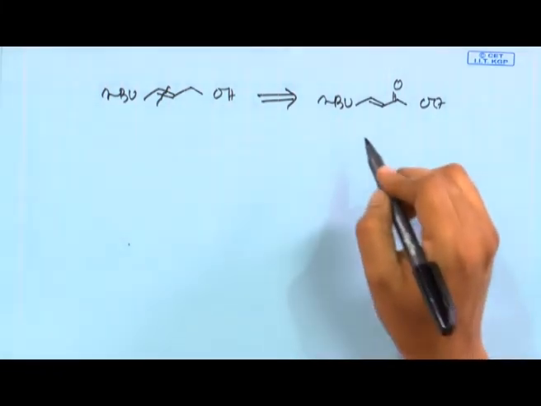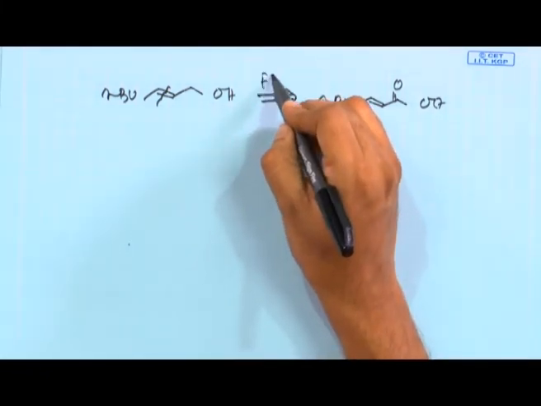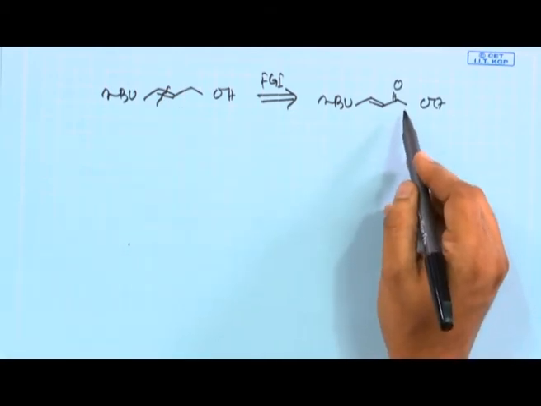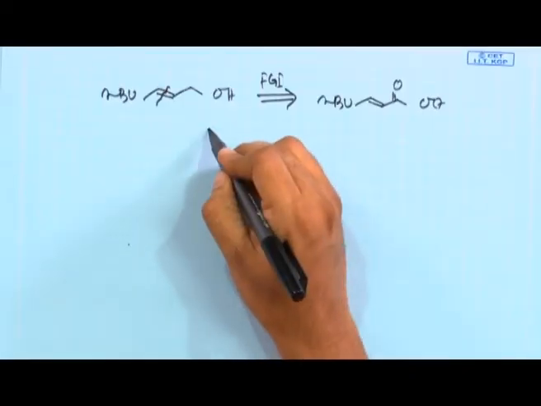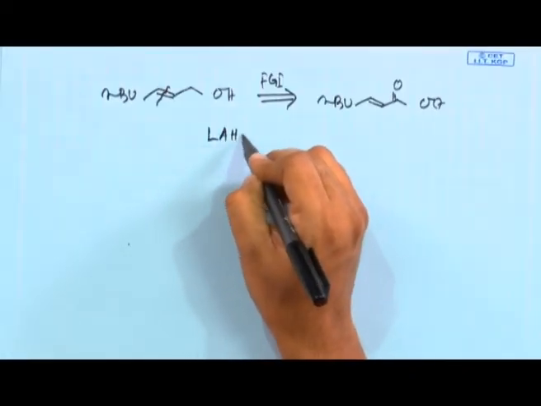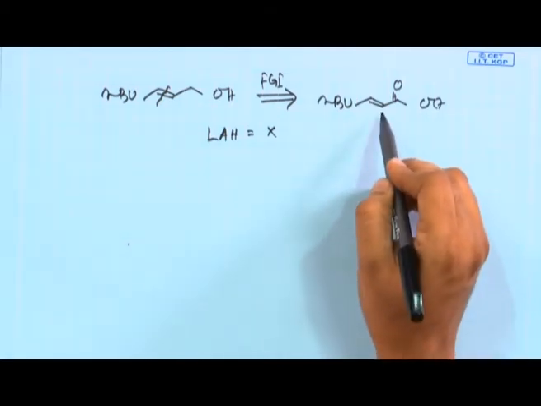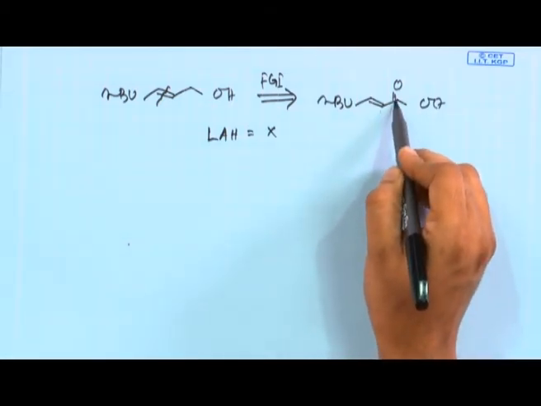Now, what is this? It is FGI. So, basically you need to reduce the alpha beta unsaturated ester to its corresponding alcohol. LAH may not be the choice of reagent, LAH is bad because it can reduce 1,2 as well as 1,4.